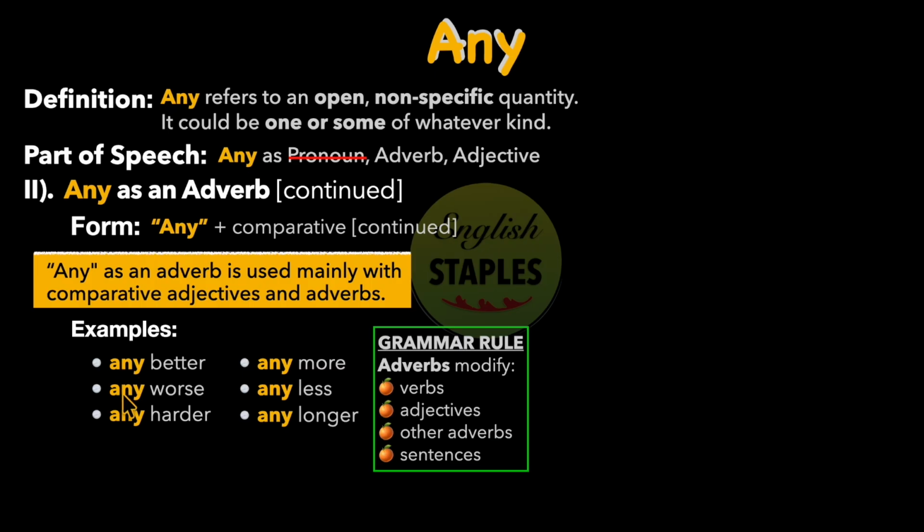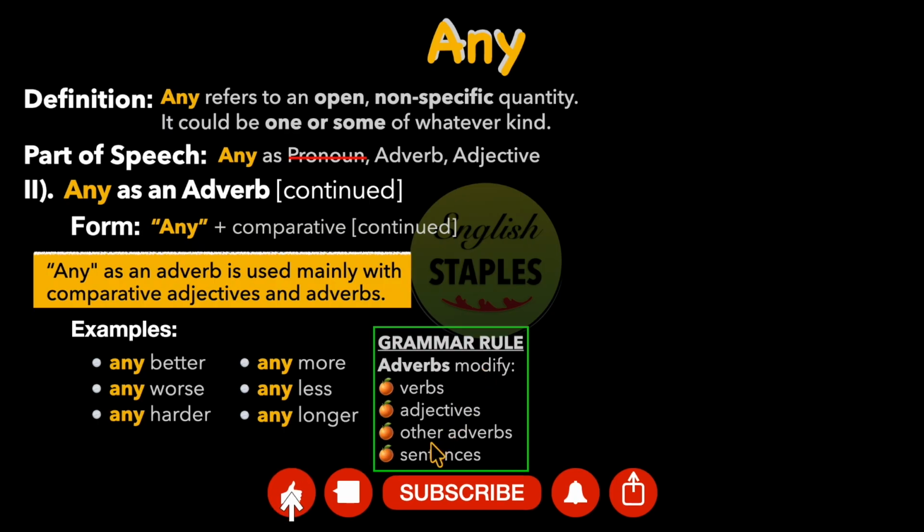Any is working as an adverb. So these comparatives, if they are adjectives, the combination is okay because adverbs modify adjectives. And if these comparatives are working as adverbs, any working alongside them, it's okay because we see adverbs modify other adverbs.